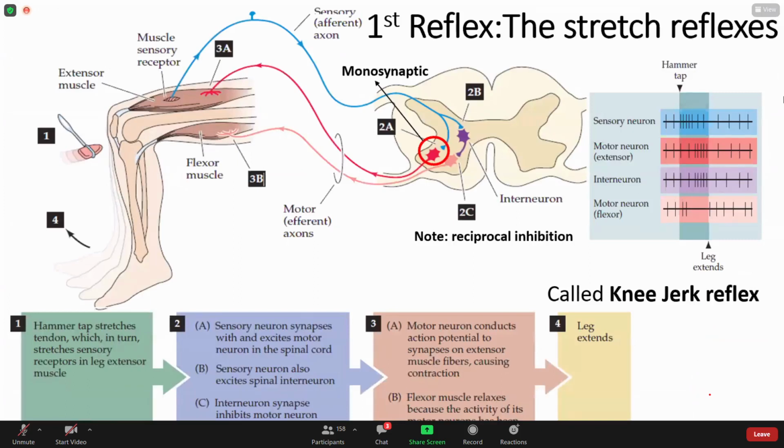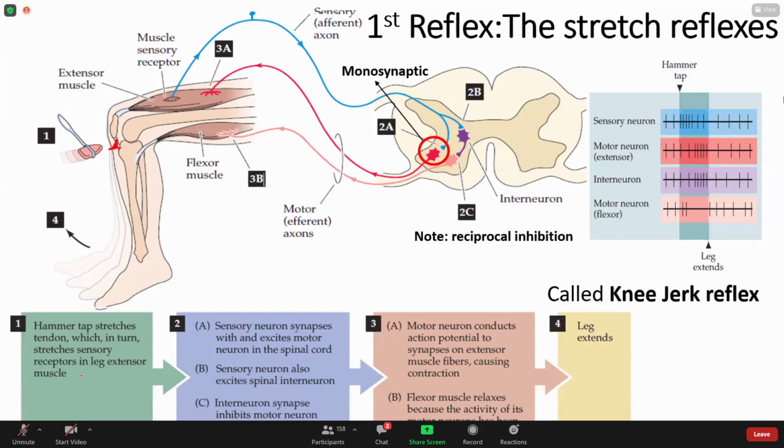Now, the first reflex that we will focus on is the stretch reflex. As I said, any reflex requires a stimulus. In this case, by tapping on the cap of the knee, what we are initially doing is stretching the muscle.